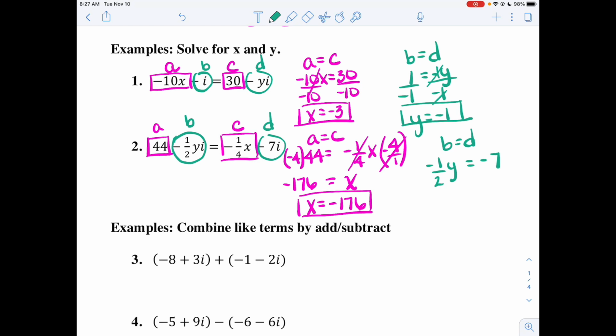I need to employ the same trick of multiplying by the reciprocal in order to get rid of the fraction. So I'm going to multiply by a negative 2 over 1 and a negative 2 over 1, or just a negative 2 here. These will cancel, leaving me with y, and then negative 7 times negative 2 gives me a positive 14. So y is equal to 14.